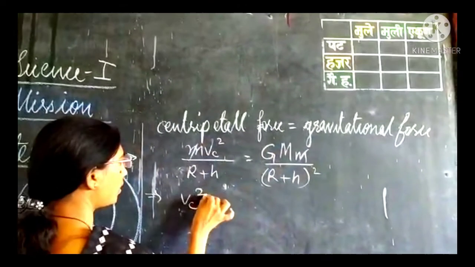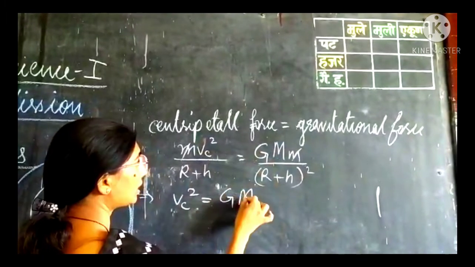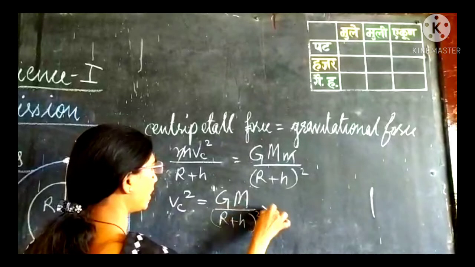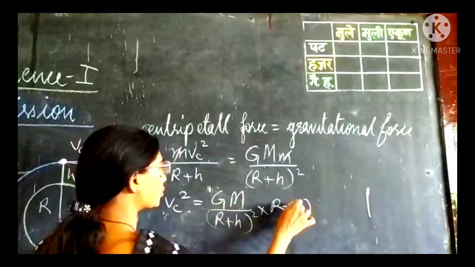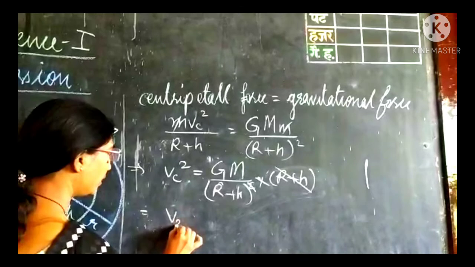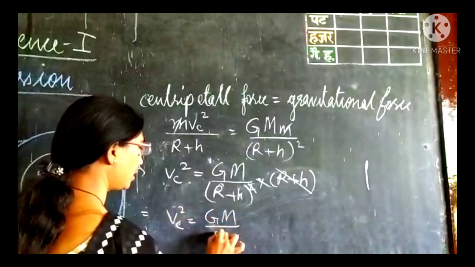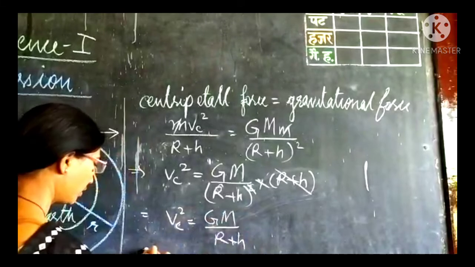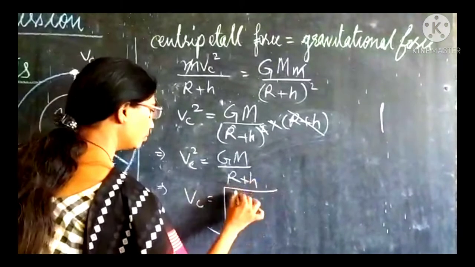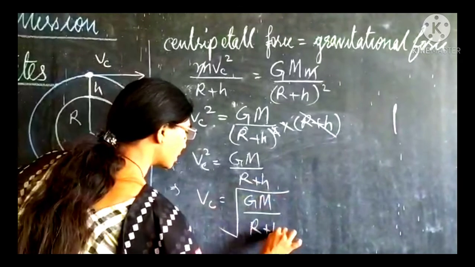So Vc square is equal to, shift it to other side, capital G, capital M divided by r plus h whole square into r plus h. This term gets cancelled. So finally, Vc square is equal to capital G, capital M divided by r plus h. Further, Vc is equal to, under the root, capital G, capital M divided by r plus h.